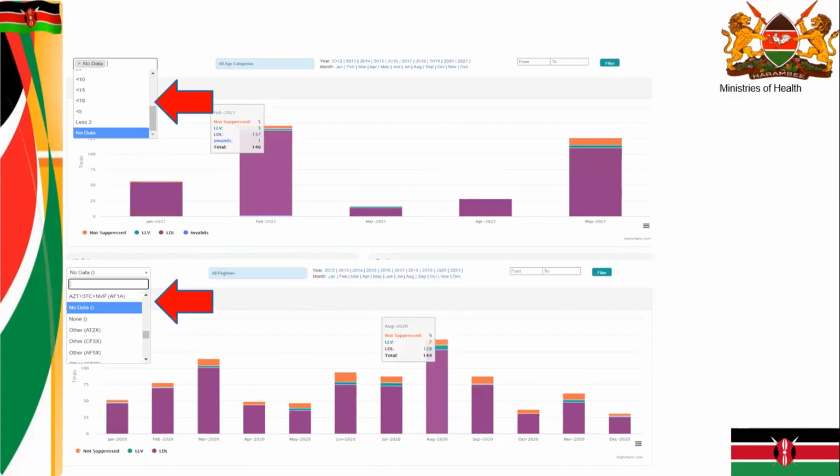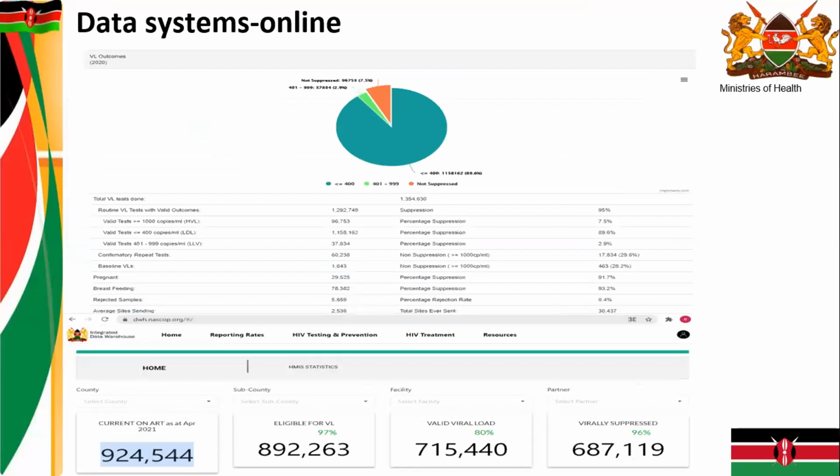These are some of the areas that we are still streamlining, ensuring that this data is completely filled in the system once the patient information has been documented on the forms.